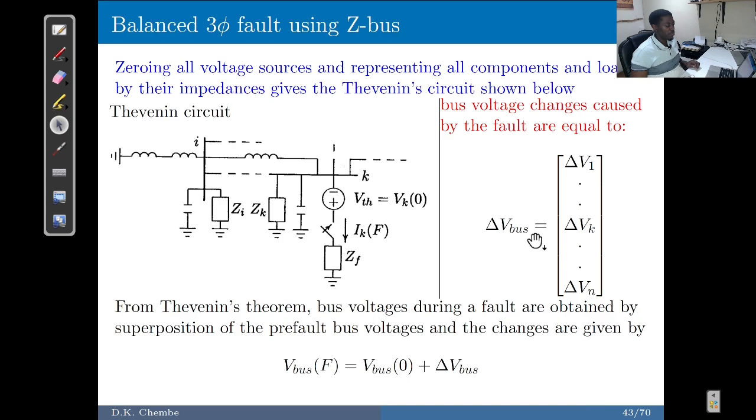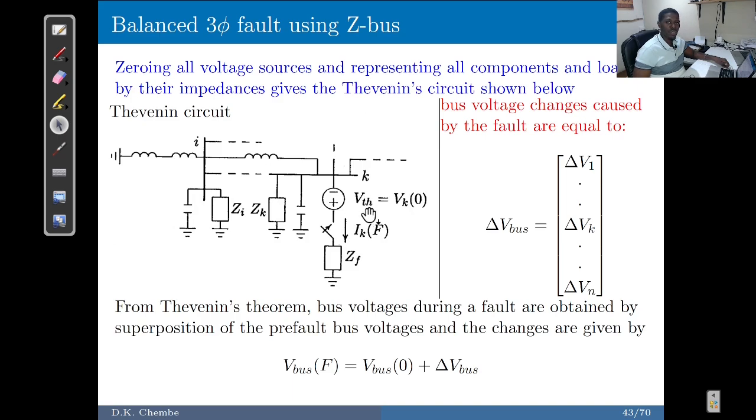Similar to the approach in Thevenin's theorem, we zero the sources and remain with only the source where we have the fault. So zeroing all voltage sources, what we have now is a Thevenin circuit, where we've zeroed the other sources, and then we have our ZF.